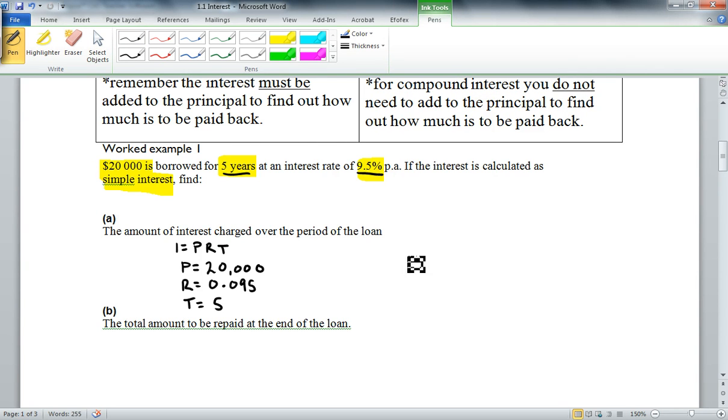Now it's a simple matter of putting them into the formula. So I equals 20,000 times 0.95. Oops, I did it as well.